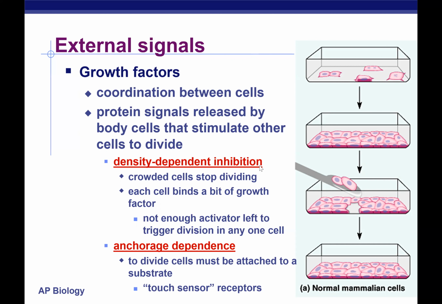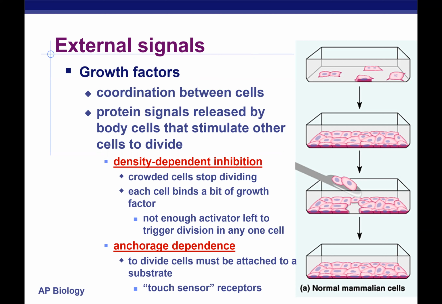One of the properties of a normal dividing cell is density dependent inhibition. What does it mean? When the dividing cells become crowded, they stop dividing. Why? Because the growth factor signals do not reach all the dividing cells, so they stop dividing.